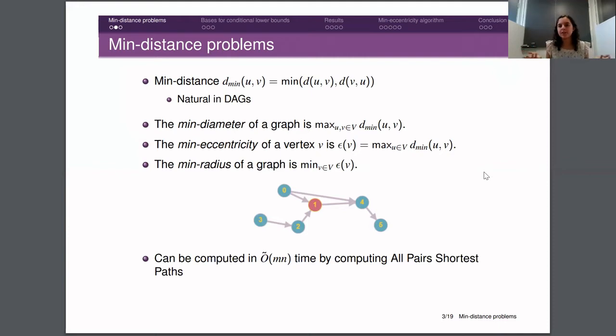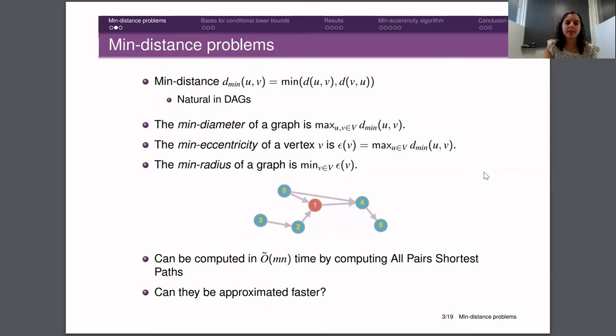It's just computing the min distances, or rather the distances, between every pair of vertices in the graph. So you might think, okay, well, this is a little bit overkill. These parameters don't necessarily require you to compute all of the distances, just some of the distances. So maybe they can be computed faster, or more realistically, maybe they can be approximated faster.